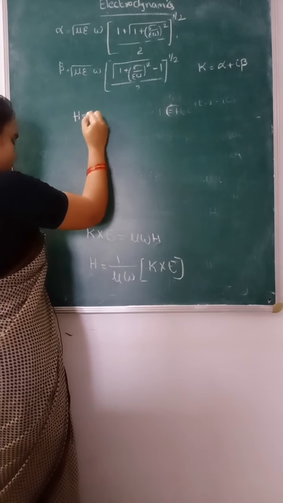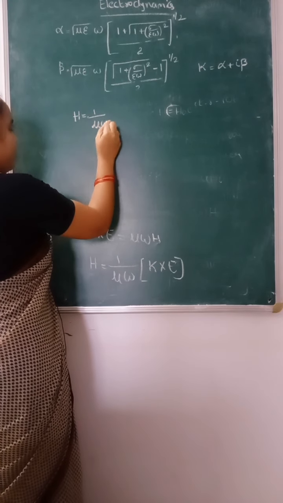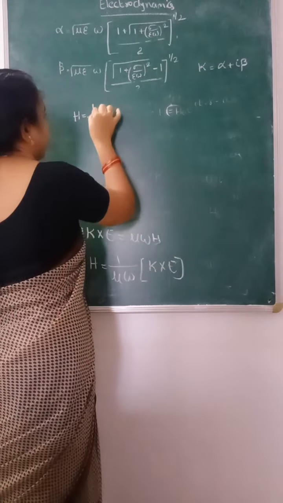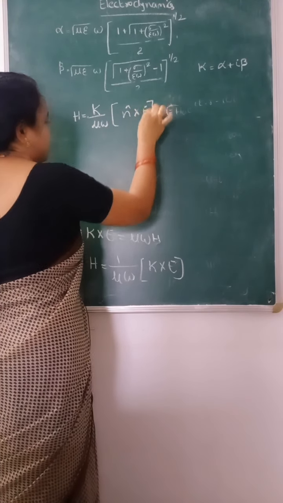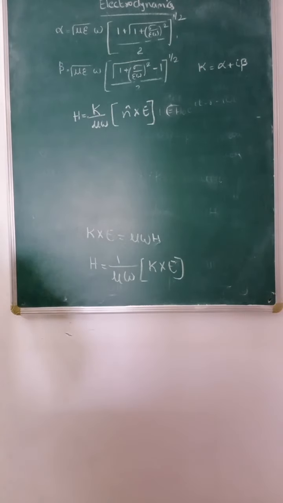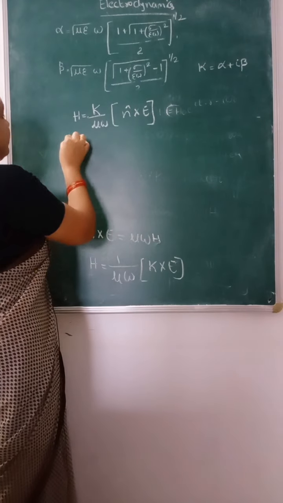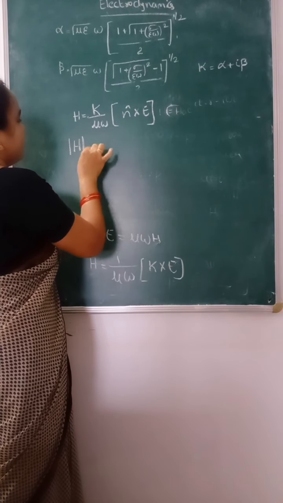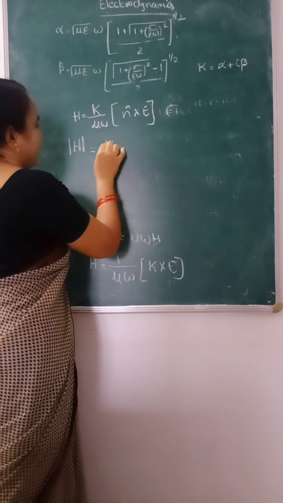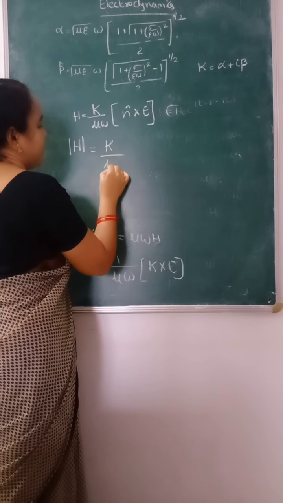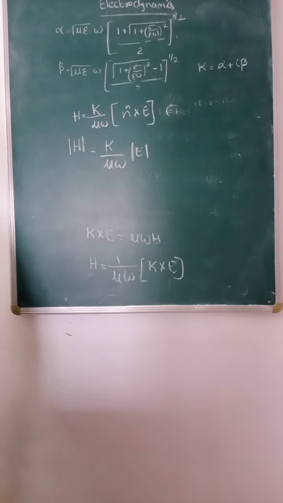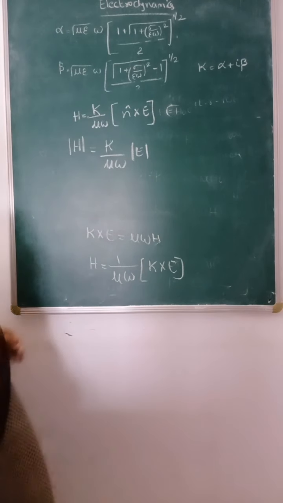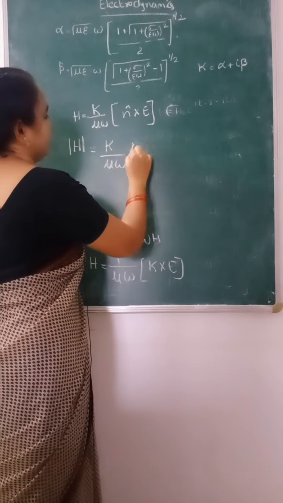H is equal to 1 by mu omega, K n cross E. Then the modulus of H is equal to the magnitude of K divided by mu omega, and modulus of n cross E.